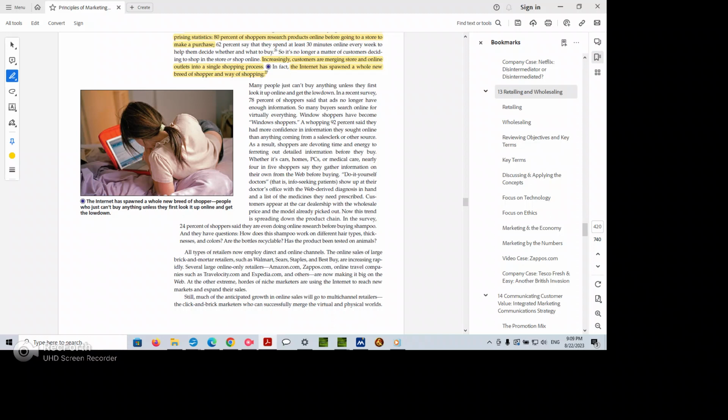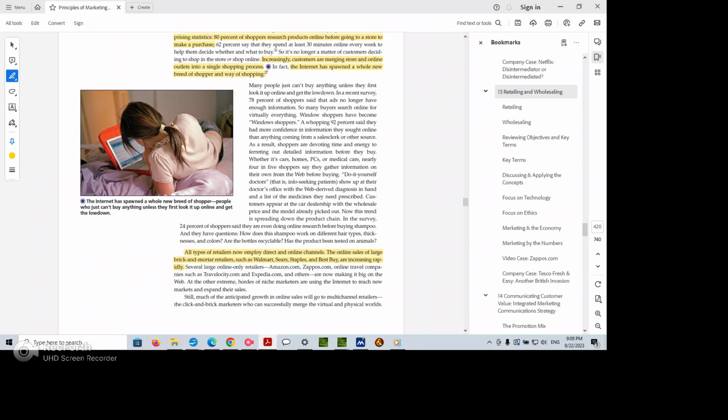All types of retailers now employ direct and online channels. Online sales of brick-and-mortar retailers such as Walmart, Sears, Staples, and Best Buy are increasing rapidly. Several large online-only retailers such as Amazon.com, Zappos, and online travel companies such as Travelocity and Expedia.com are now making it big on the web.